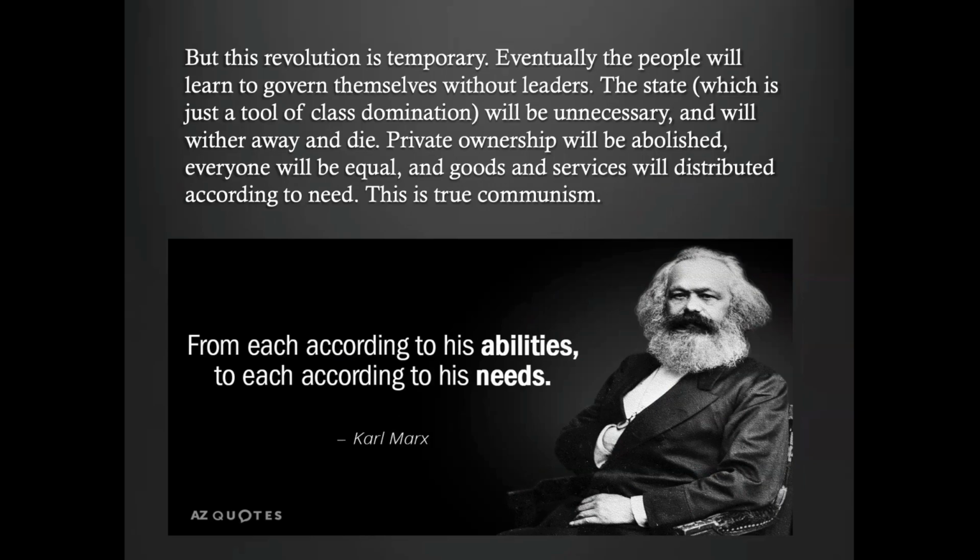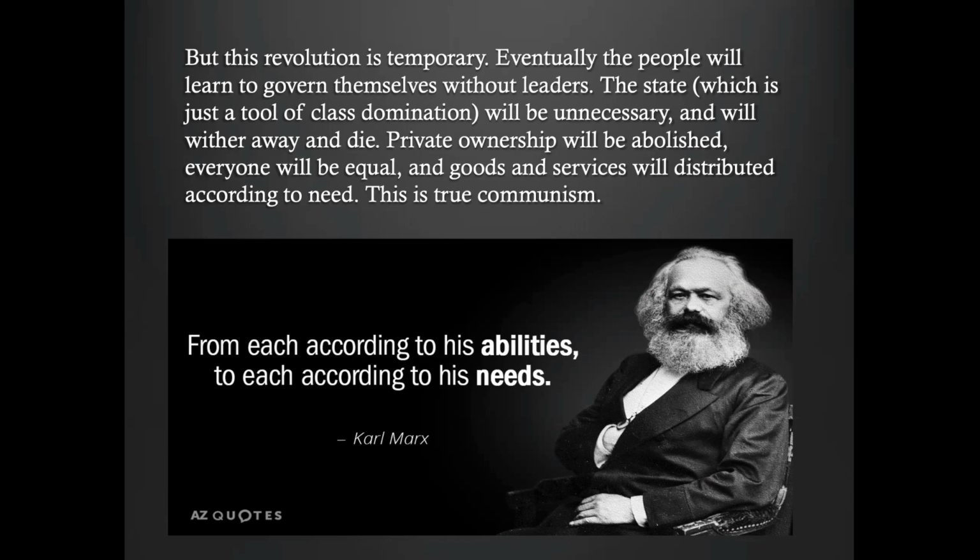Eventually, people will learn to govern themselves without leaders, without a state, because a state really is just a tool of class domination. Remember, again, economics is primary. The state is secondary. And so the state will be unnecessary, and the workers will understand that they don't need to be governed by a state.